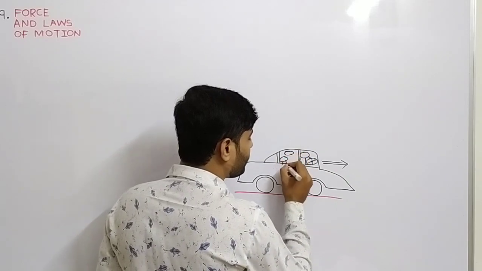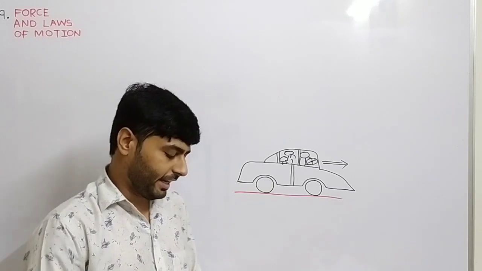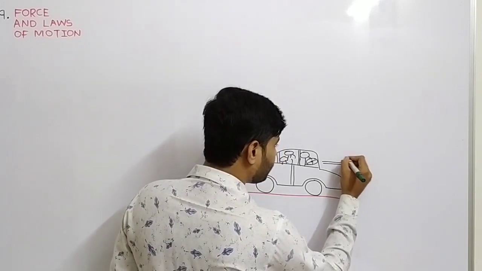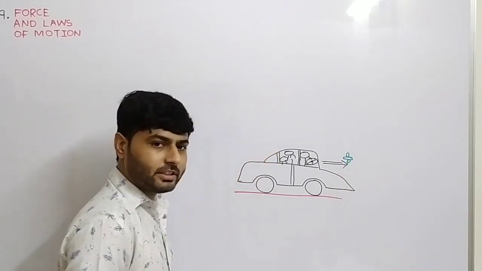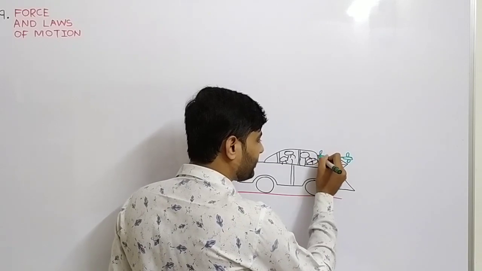Two friends are in the car, and one insect comes in the way of the car. Say this is the insect, and it hits onto this windshield.